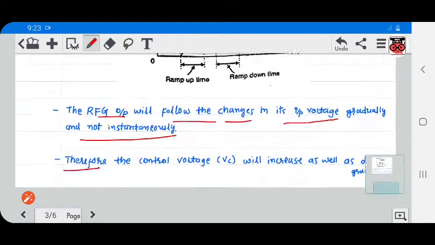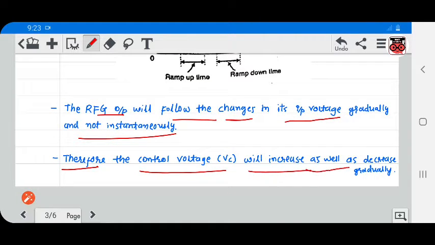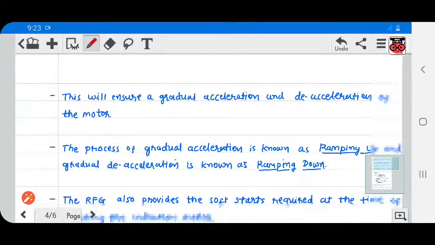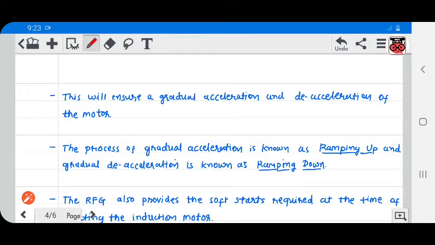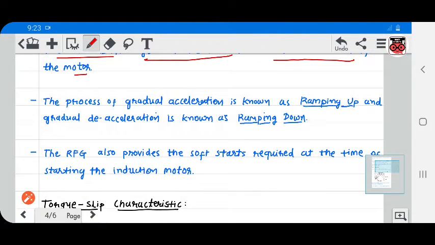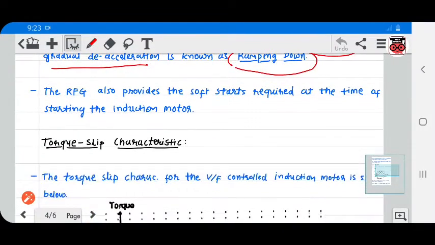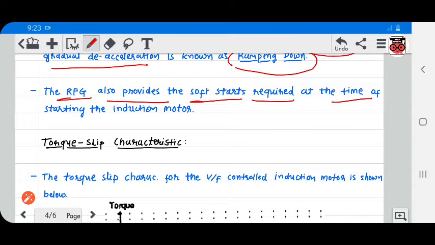Therefore, the control voltage Vc will increase as well as decrease gradually. Thus, this will ensure a gradual acceleration and deceleration of the motor. The process of gradual acceleration is known as ramping up, and gradual deceleration is known as ramping down. The RFG also provides the soft start required at the time of starting the induction motor.